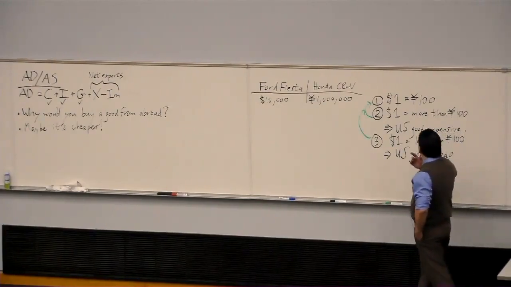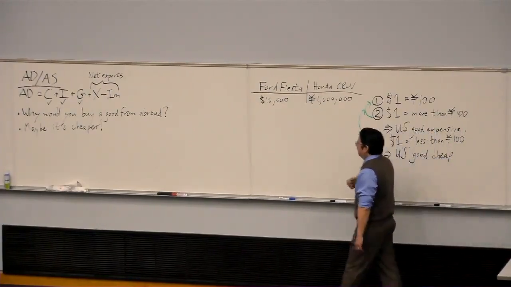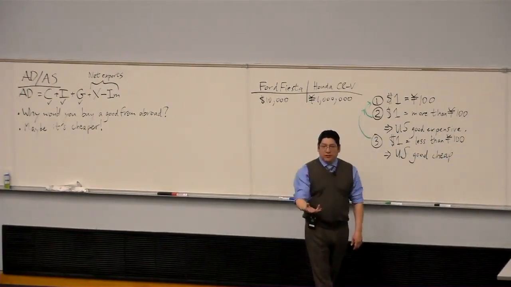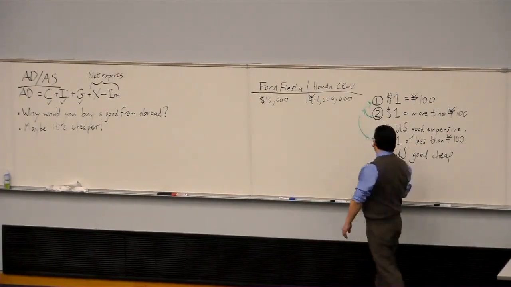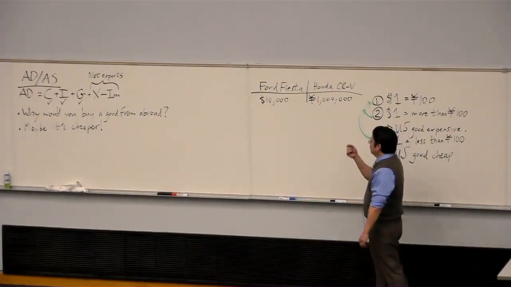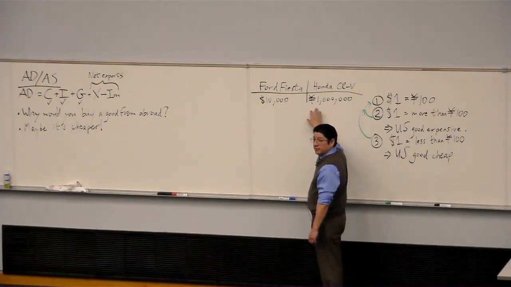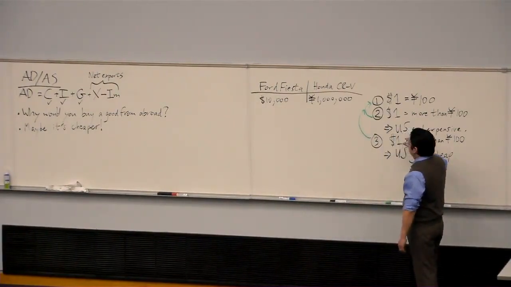Then, what would you observe? You would expect to observe a lot of people buying the Japanese alternative because it's cheaper, regardless of where they are in the world. But if you want to buy a Japanese good and you don't live in Japan, what do you first have to do? First have to buy the Japanese currency. So in this situation, US goods are expensive.